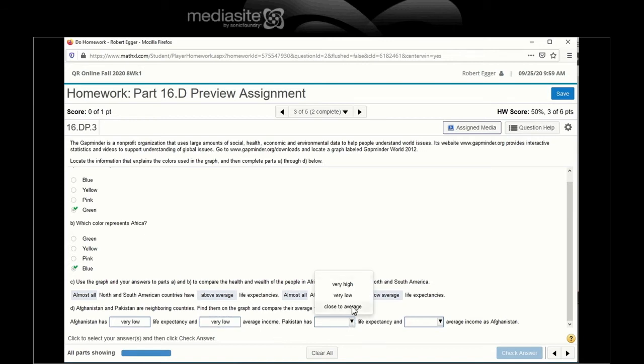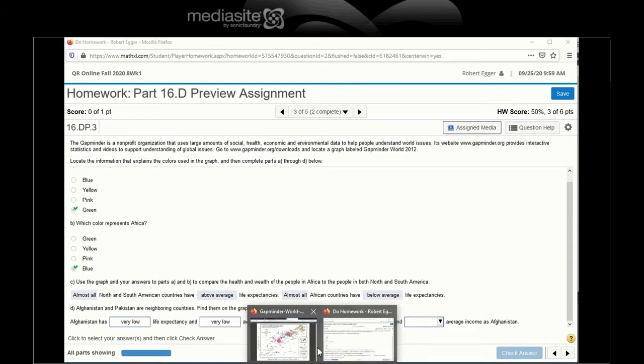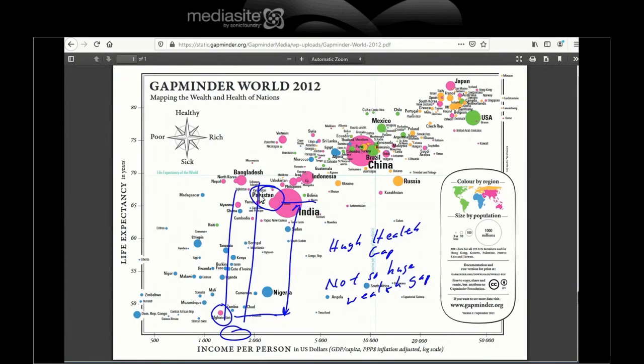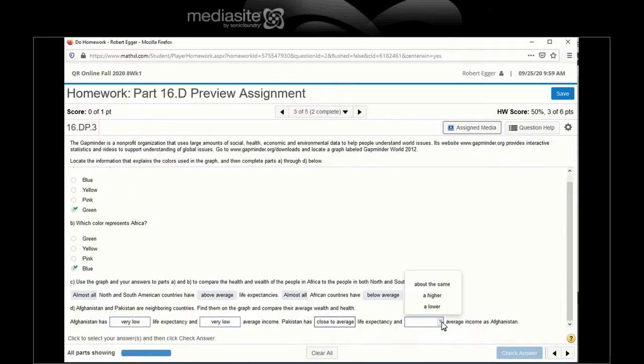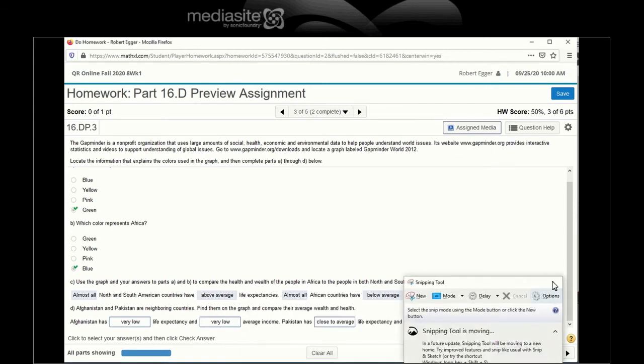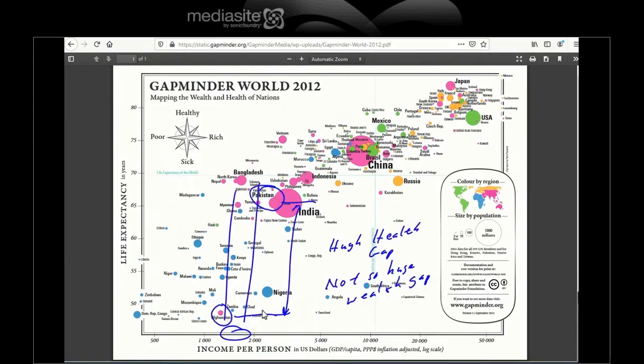Pakistan has close to average life expectancy, and I'm going to say a higher income. It doesn't say by how much higher, but it is higher. Nowhere close to average, but it's definitely higher.